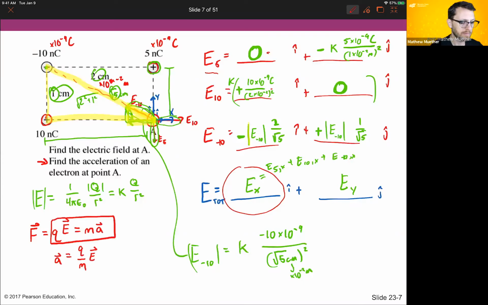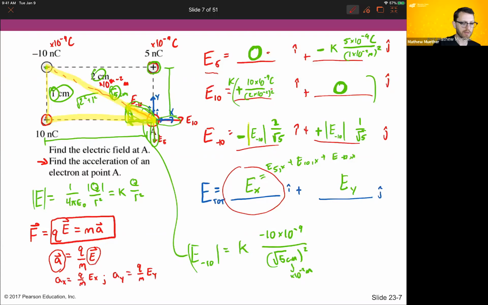Well, that's convenient. Look, this is just a vector scaling. This tells me that the acceleration just looks like a scaled version of the electric field. And so each component, if I look at the x component of the acceleration, it should just be q over m times the x component of the electric field. And if I want the y component of the acceleration, it should just be the ratio of the charge to the mass times the y value of the electric field.